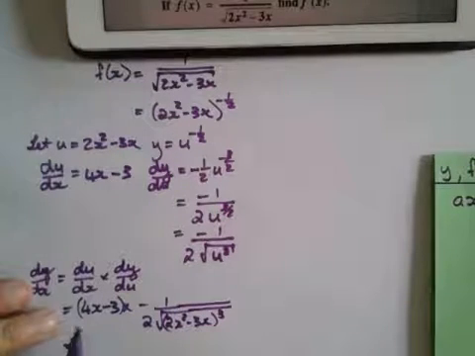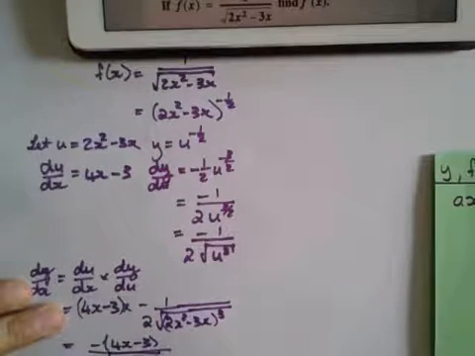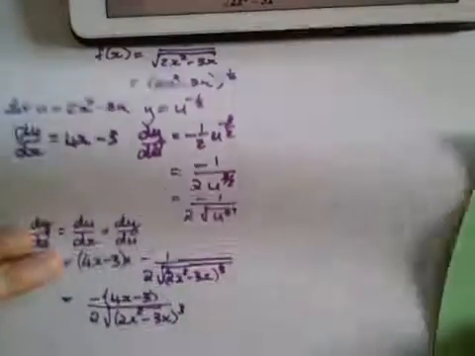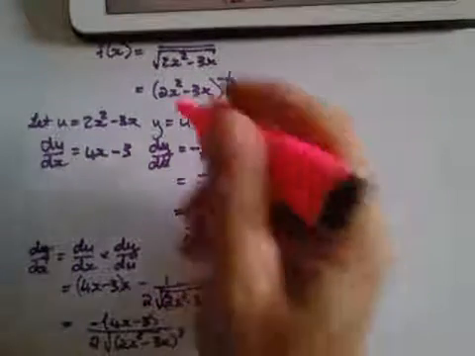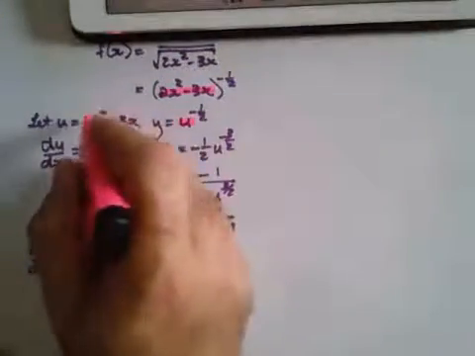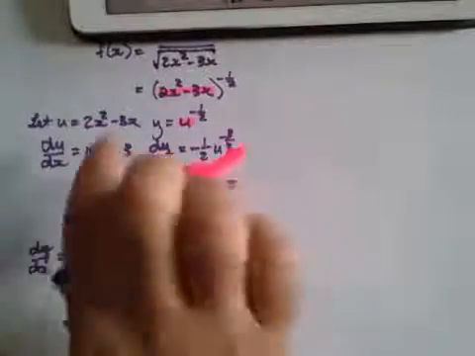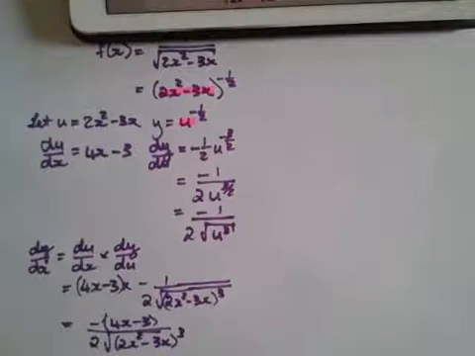If I multiply that, my answer is negative (4x minus 3) over 2 times the square root of (2x squared minus 3x) cubed. So that's the long cut. Just a quick reminder, I said make this u, and then I substituted u in there, differentiated du/dx, and got my answer.